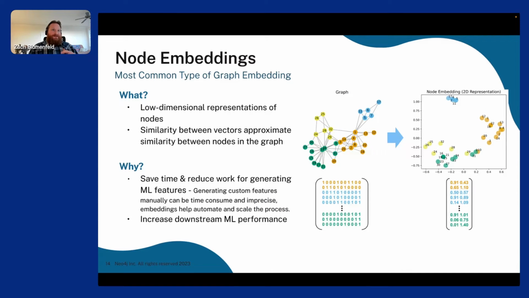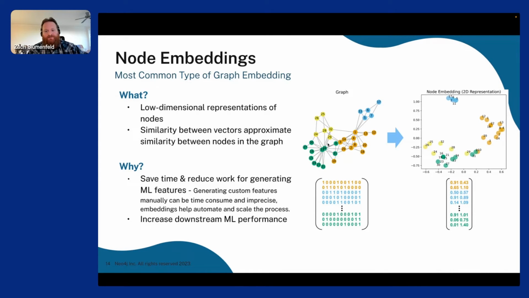And with embeddings, there's lots of different types of embeddings, but I'm going to use a node embedding as a quick example for this, given the time constraints of this presentation. So the idea with graph embeddings, and it's really a nice example to look at node embeddings, is you're trying to take the entities inside of a graph and represent them in a way that's going to be conducive for machine learning models.